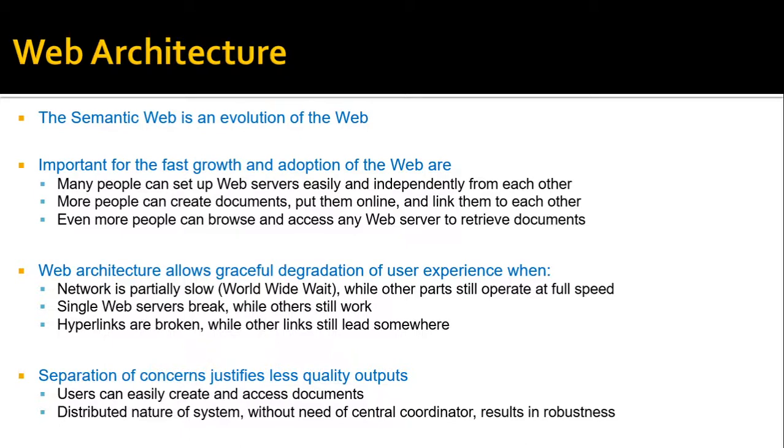That's easy, right? So the users can easily create and access documents over the internet without any central coordinator or moderator who is checking the quality, right? So you know that, okay, we can have junk contents, possibly harmful contents, but there are many more other contents out there that are of good quality, right? So the concern about quality is separated from each other. So you have documents of varying qualities.